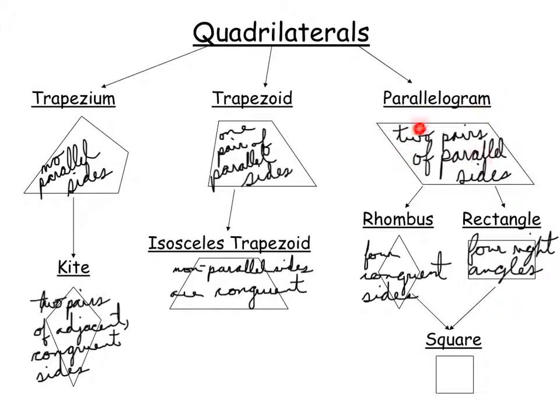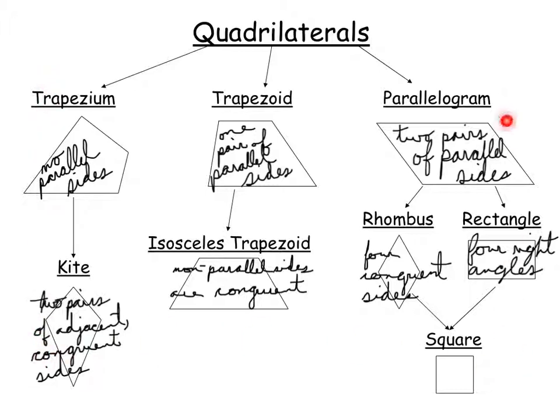Parallelograms sometimes are rhombuses as well. Parallelograms sometimes are rectangles as well. Rhombuses and rectangles are sometimes squares. But a square is always a rhombus. A square is always a rectangle. A square, therefore, is always a parallelogram.